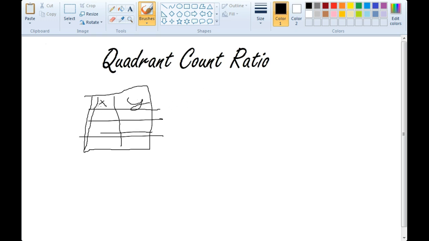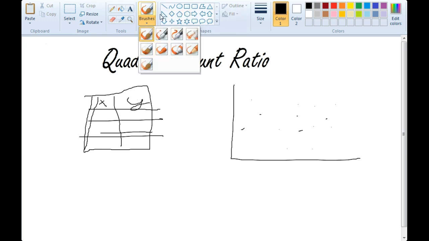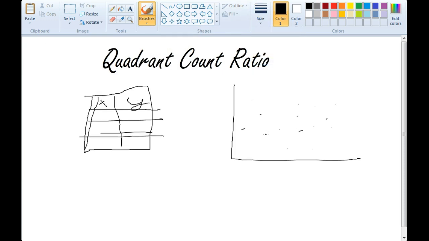And you find the mean of the x, then you graph it. Let me make it a bit thicker. Yeah, just a bunch of points. So then you find the mean of the x, you plot it where the x-axis is, and then you have the y-axis.